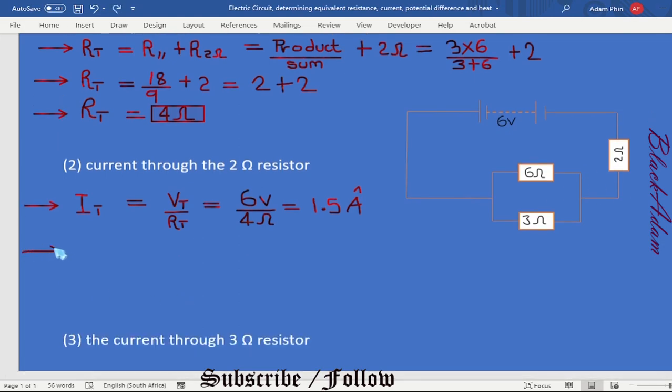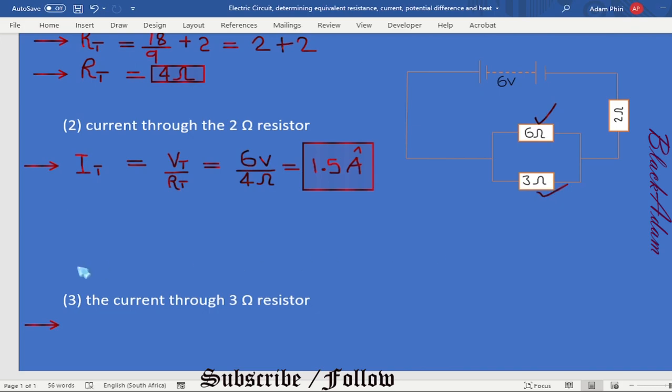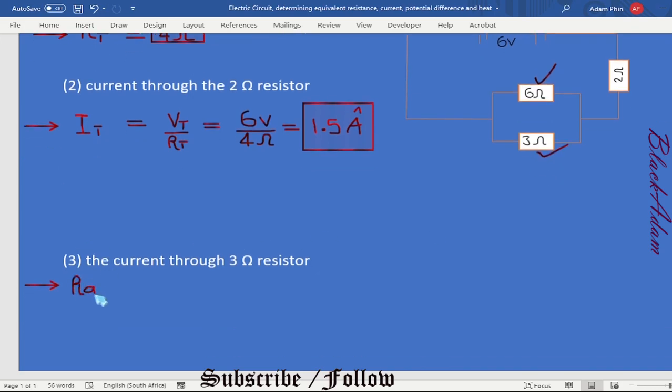And then we're done with that question. So we go to the next question. They ask for the current through the 3 ohm resistor. Remember, the 3 ohm is in parallel with the 6 ohm. So we need to find the ratio, which means how much current goes into each.